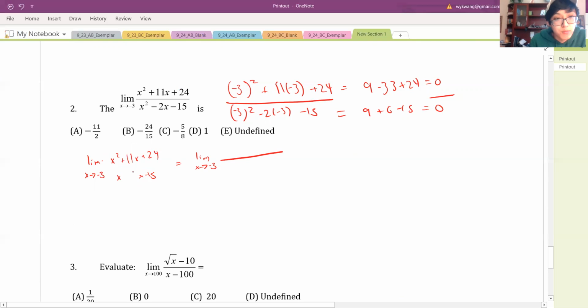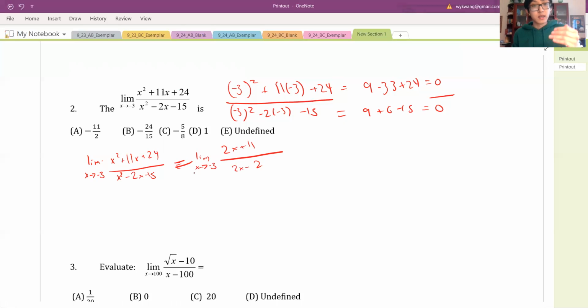It's a very pleasant and intuitive rule, I feel like. So what's the derivative of x squared plus 11x plus 24? It's going to be 2x plus 11. The denominator is going to be 2x minus 2. So these are equivalent, they are identical. And that's what L'Hopital's rule tells us.